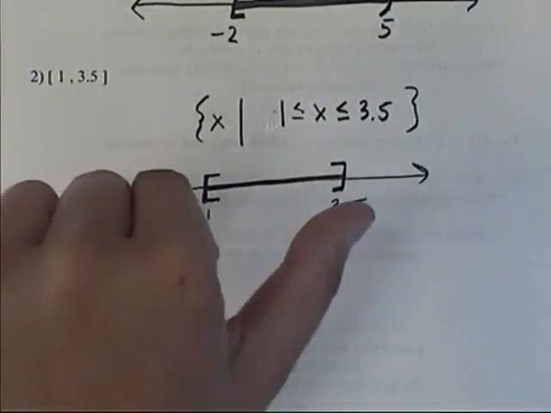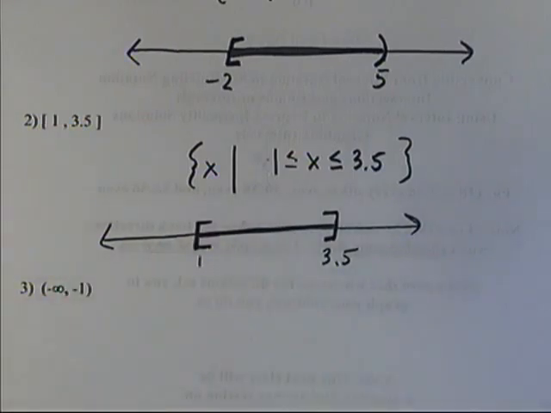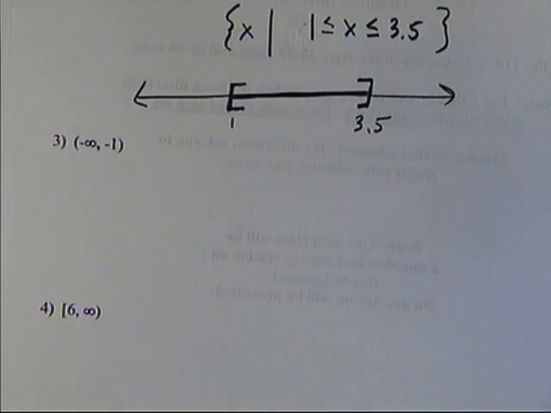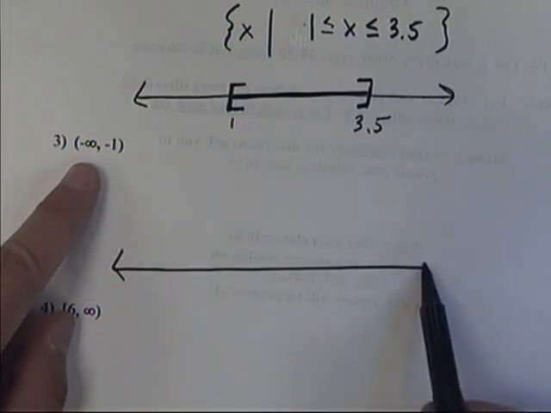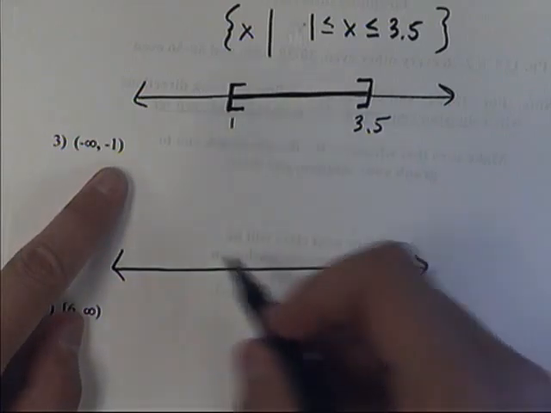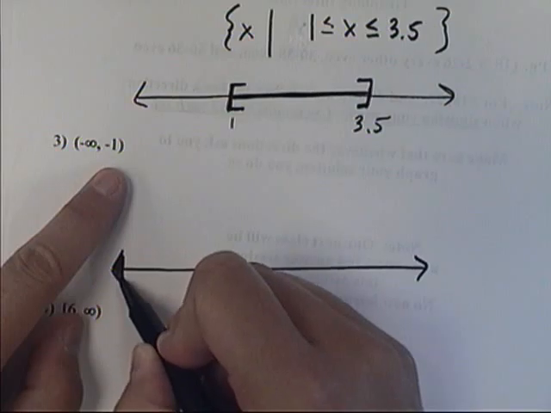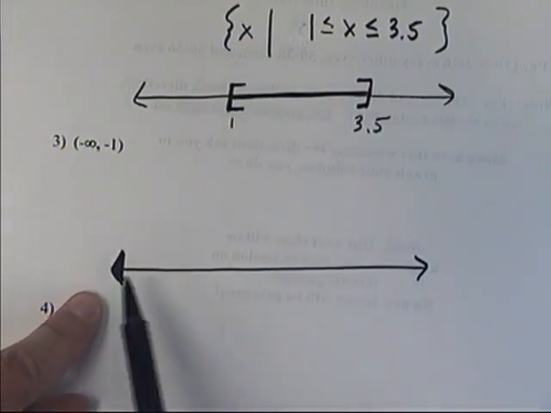Now, sometimes you don't get just numbers in between two other numbers, sometimes numbers go to infinity. So if we're talking about negative infinity as being the smallest set of numbers and negative 1 as being the top, negative infinity basically would be all the way going towards the left. Now obviously we can't shade to the left forever, but we can shade in the arrow.